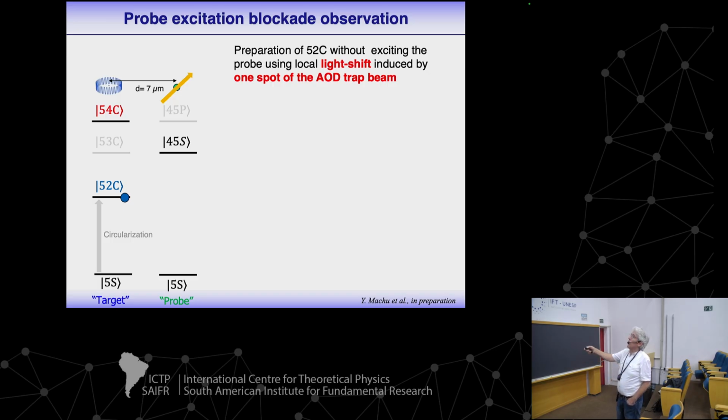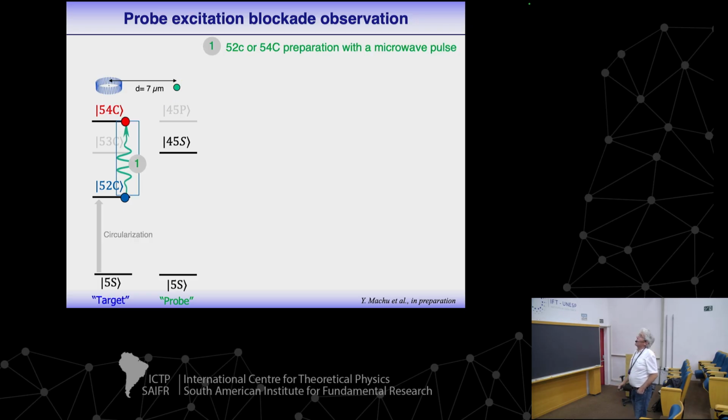So at that step, we have one circular atom, one probe atom, and we put the atom close to the circular one so that the dipole blockade will be complete during the quantum non-demolition measurement. So the distance is 7 micrometers. Then we perform the rest of the experiment. Eventually, we prepare the 54 circular state by a two-photon microwave transition.